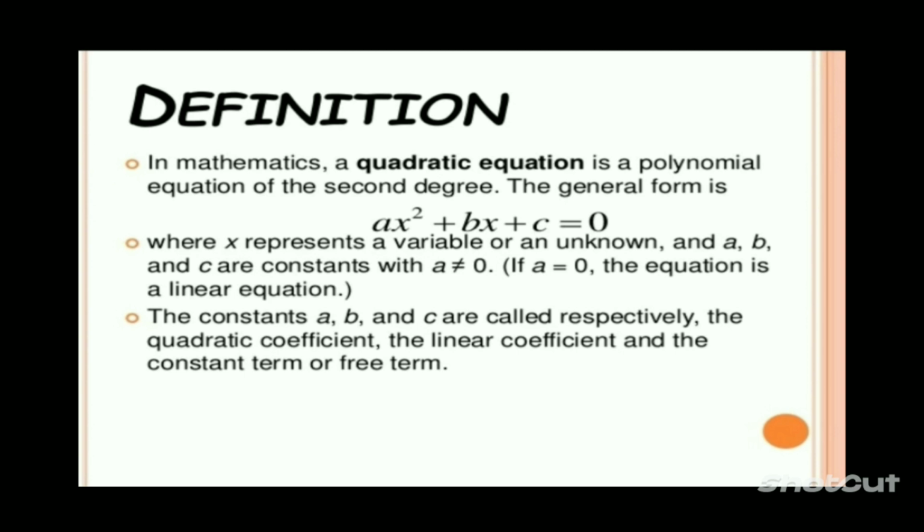The general form is ax squared plus bx plus c equals 0, where x represents a variable or an unknown, and a, b, and c are constants, with a not equal to 0. If a equals 0, the equation is a linear equation. Then the constants a, b, and c are called respectively the quadratic coefficient, the linear coefficient, and the constant term or free term.